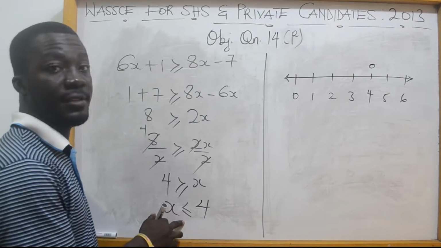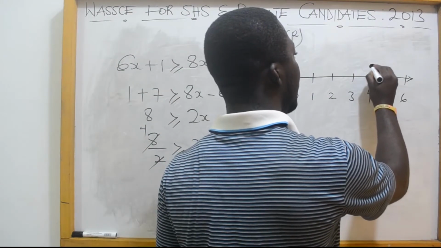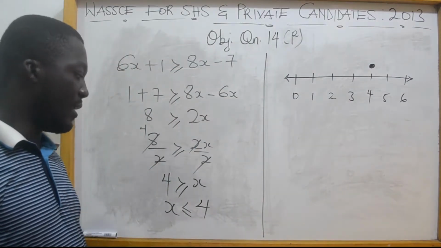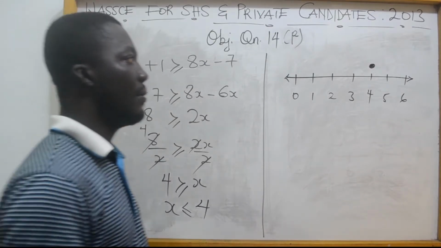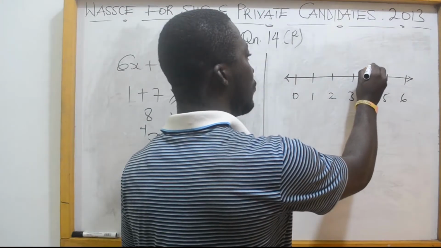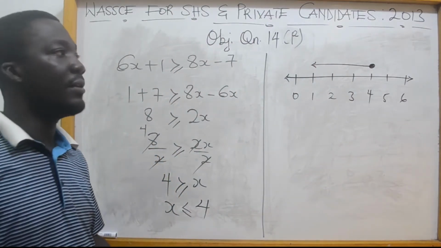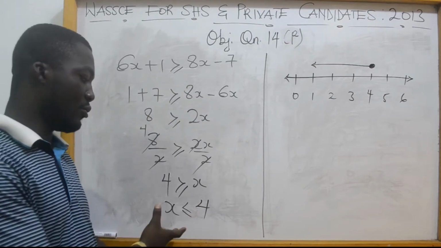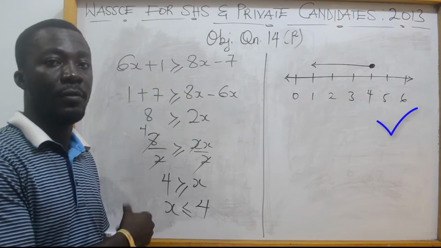Since we have the equal to sign, we have to shade it. So which of the values will be less than or equal to 4? The arrow has to point to the left direction, and that will be our number line for the inequality x is less or equal to 4.